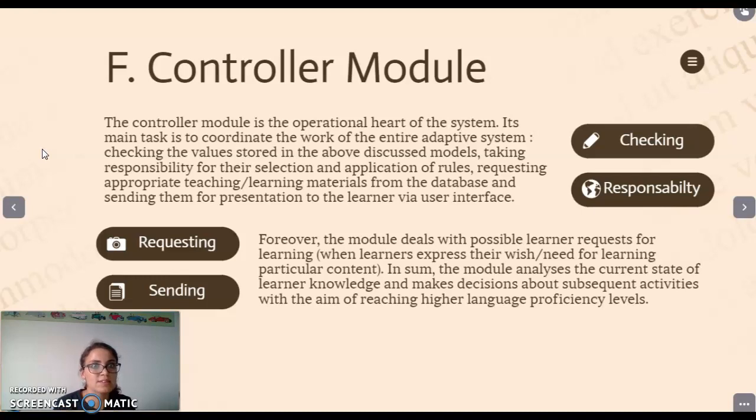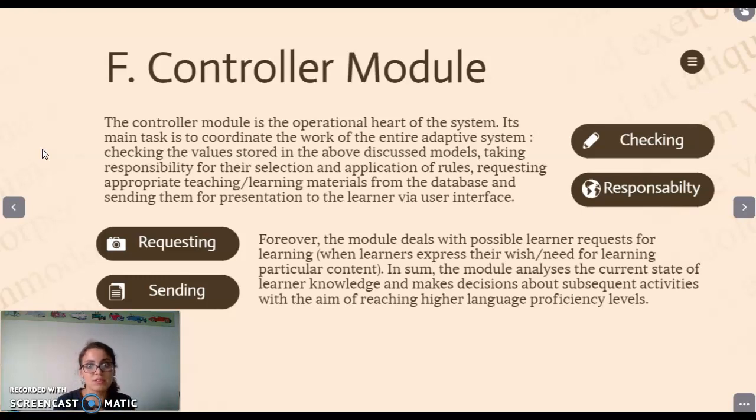Its main task is to coordinate the work of the entire adaptive system, checking the values stored in the above discussed models, taking responsibility for their selection and application of rules, requesting appropriate teaching and learning materials from the database and sending them for presentation to the learner via the user interface.